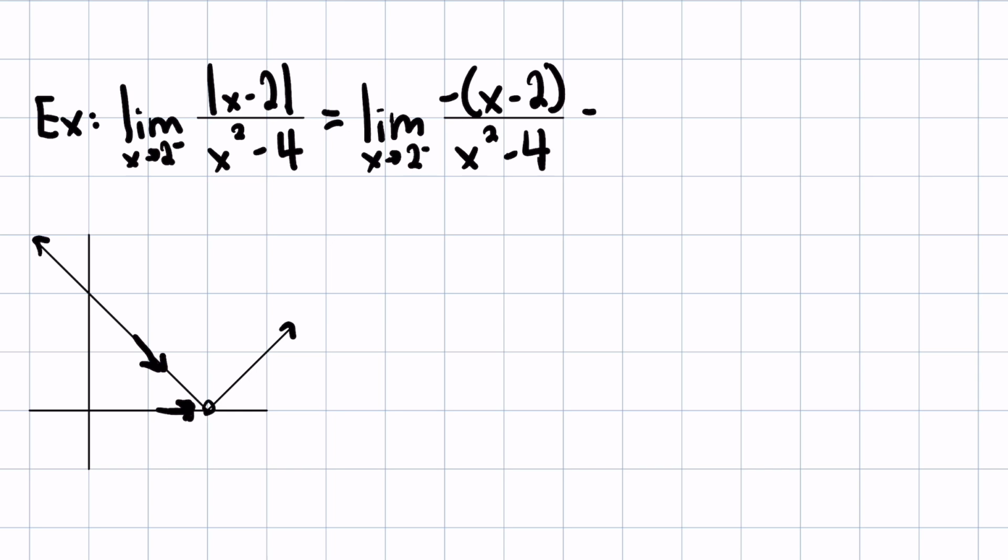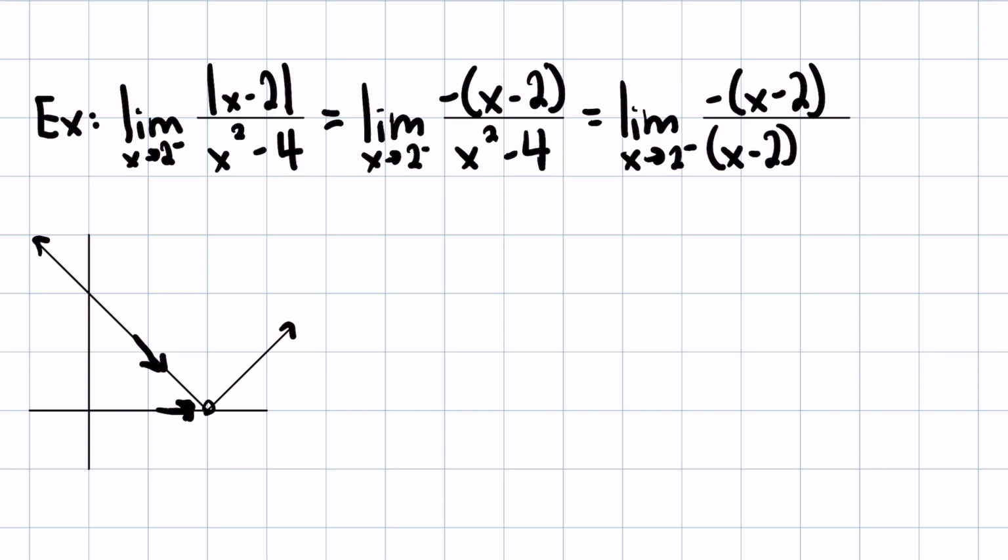And then we can factor x squared minus 4. So this becomes negative x minus 2 over x squared minus 4, which factors into x minus 2 times x plus 2. And then from there, we can cancel out the x minus 2's. So now we just have negative 1 over x plus 2.